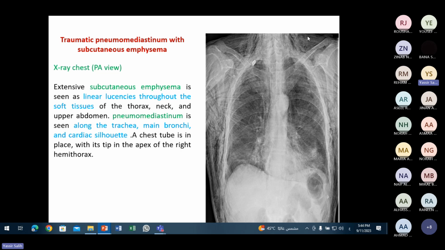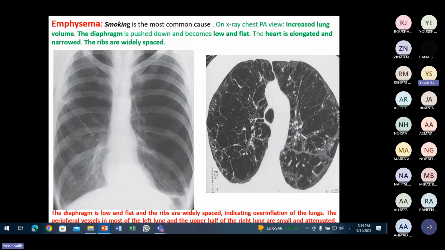They call it subcutaneous emphysema. So this is a patient involved in a road traffic accident, and this chest X-ray demonstrates traumatic subcutaneous emphysema characterized by linear lucency, meaning black lines, in the soft tissue. In all the soft tissue there is linear emphysema.